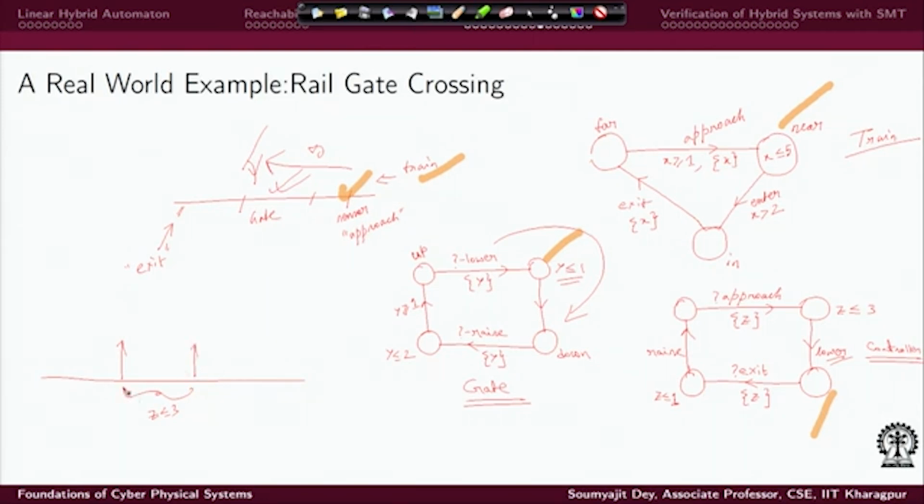So here inside this 3 time you will have this lower signal coming, and then inside some y less than or equal to 1, starting from here, inside this interval you will have the down event really occurring, right. And then at some time the train will actually enter, and before that the gate is actually down here.